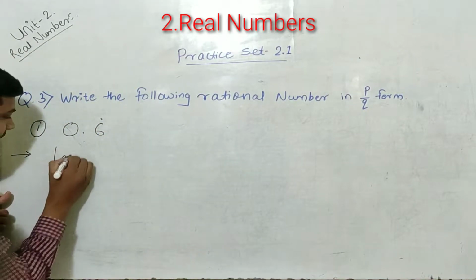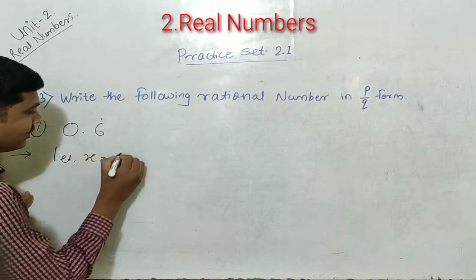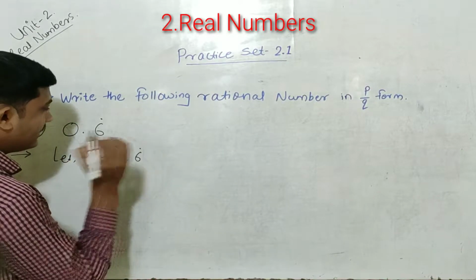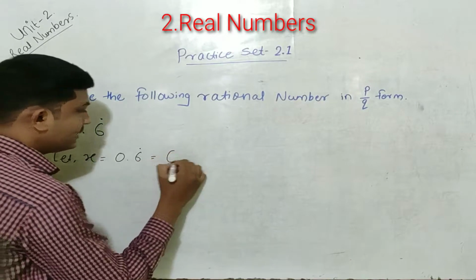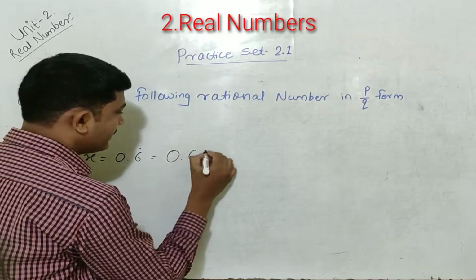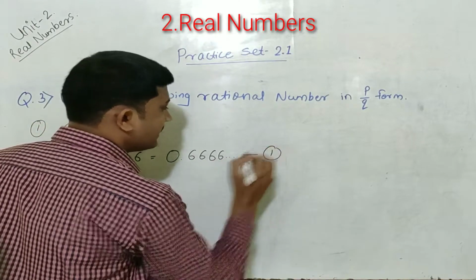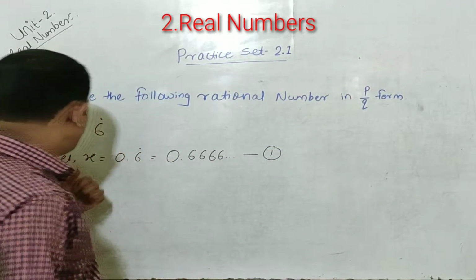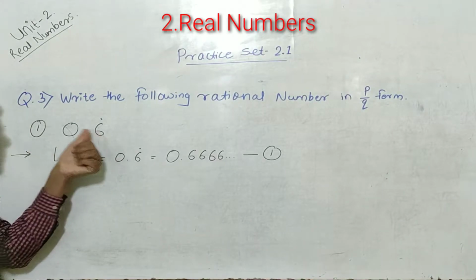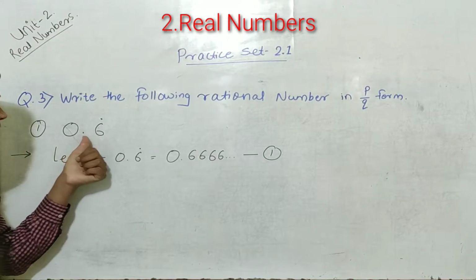Let x equal to 0.6 dot, which is equal to 0.6666 dot dot dot. Say it is equation 1. Then next, a single digit is repeated after the decimal point. So what we have to do?